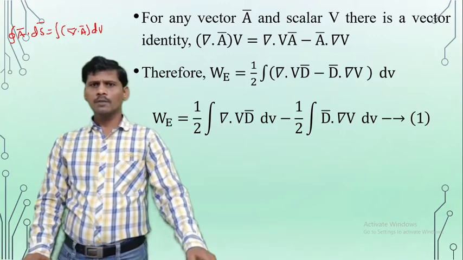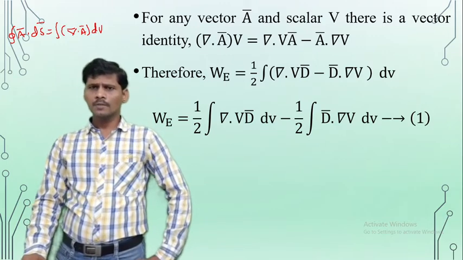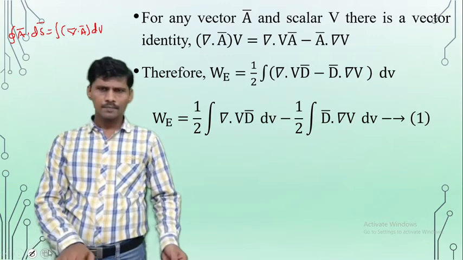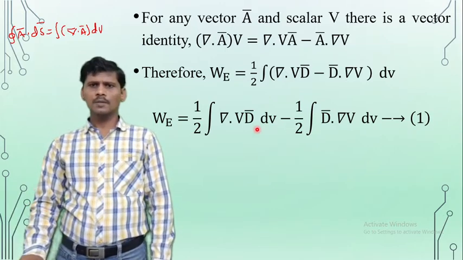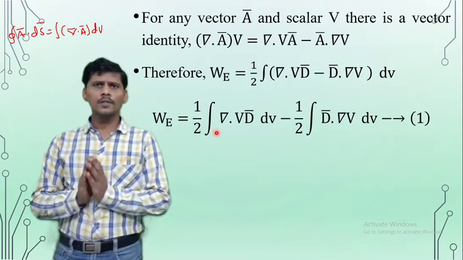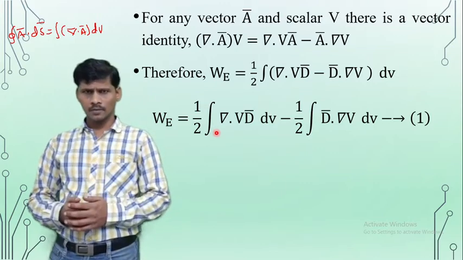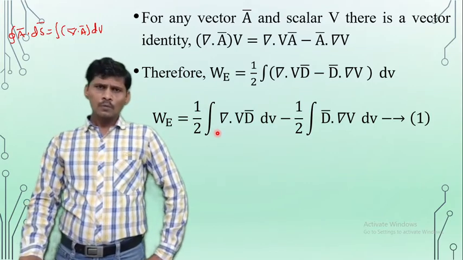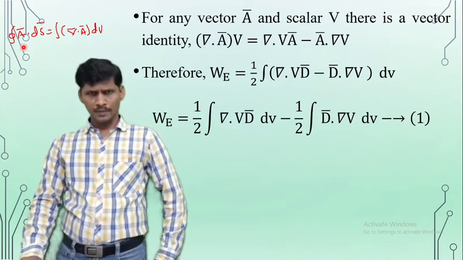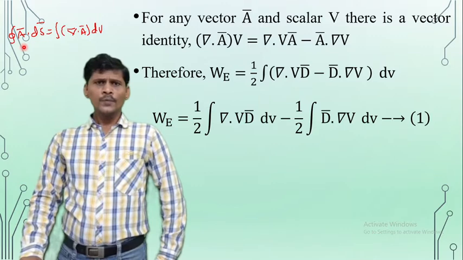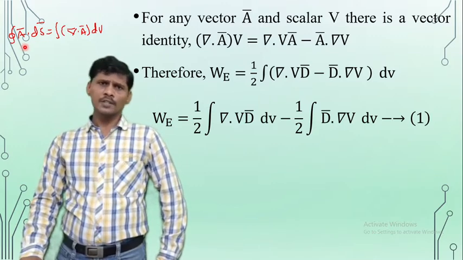So using this divergence theorem, the first term of this equation will be converted to a closed surface integral. Therefore, the open volume integral of del dot VD bar dV is equal to the closed surface integral of VD bar dot ds bar.